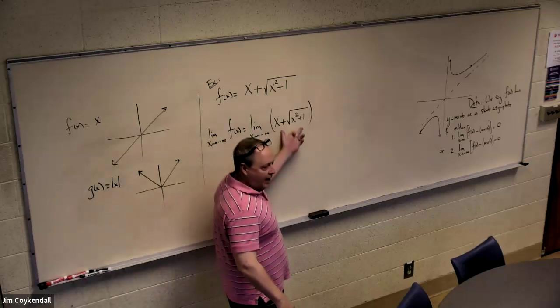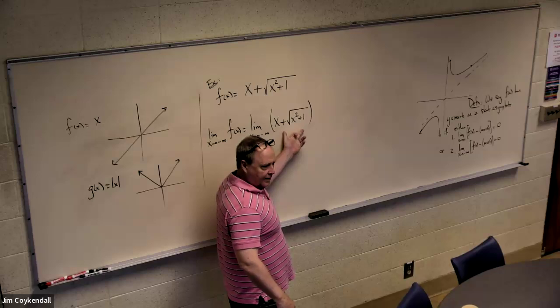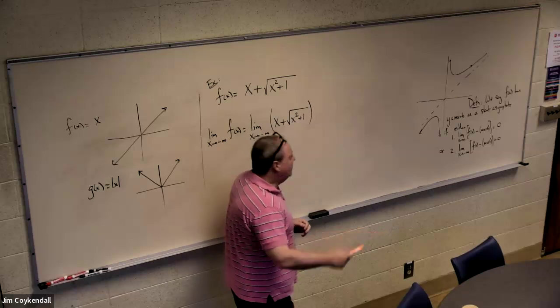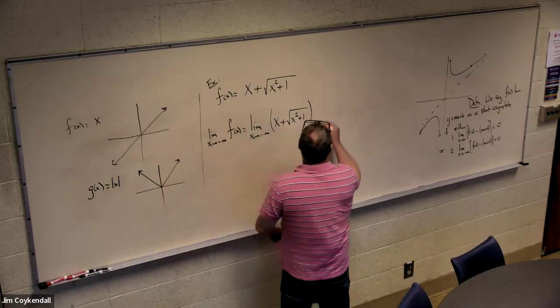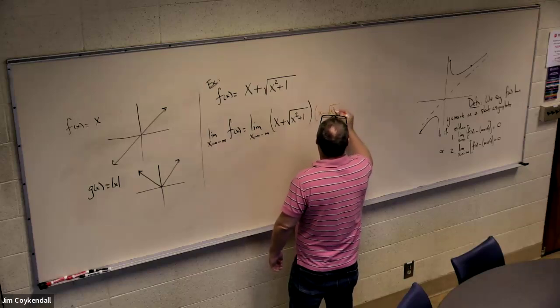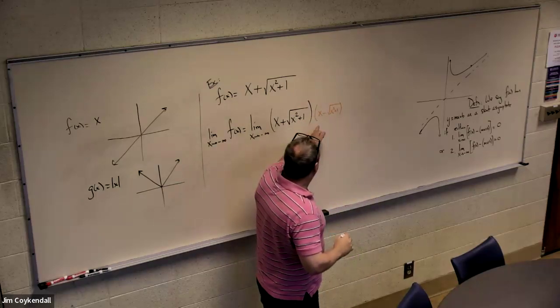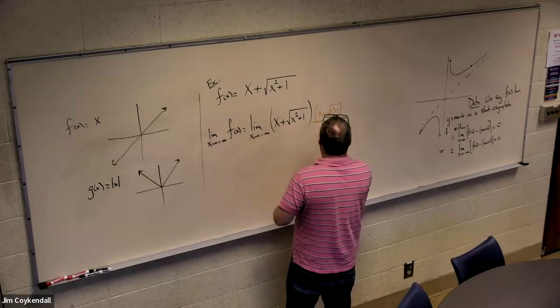Anybody remember how we went to tackle this? There you go. The confusing part of this is this radical. Now this is algebra. So if I multiply this here, I better put 1 in the bottom.